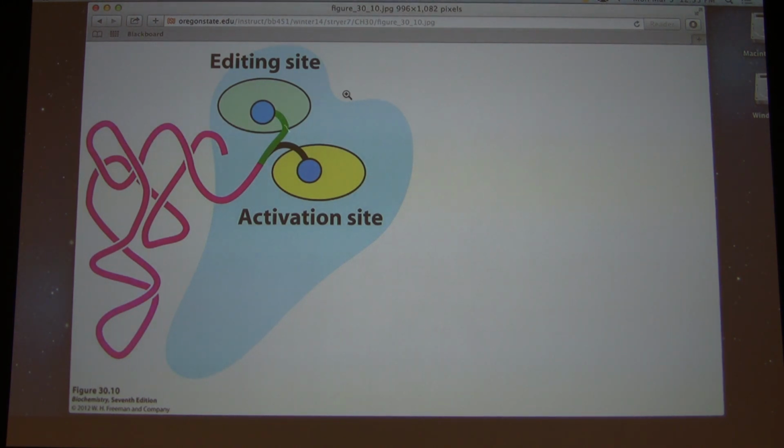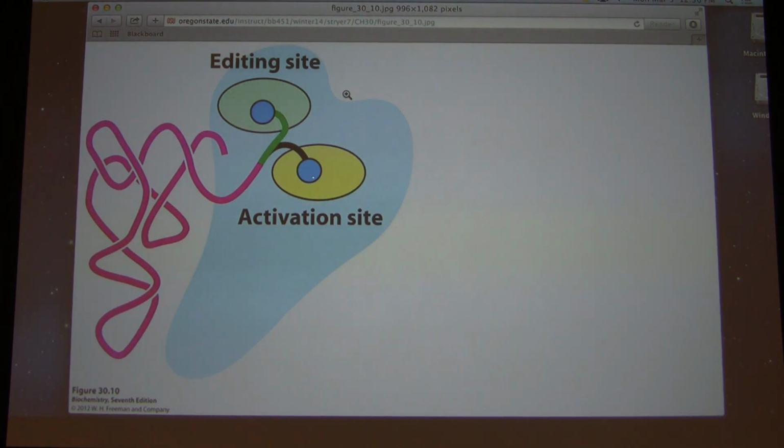And we can see that there are two sites. There's an activation site and there's an editing site. The activation site is where the catalysis occurs to make that linkage. And after that has happened, this flips over into the other site to be edited, meaning that that's where the proofreading is actually occurring.